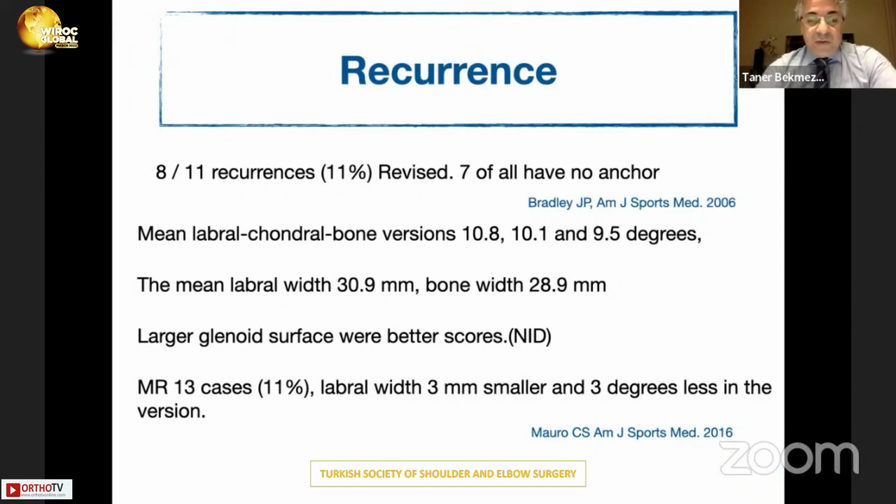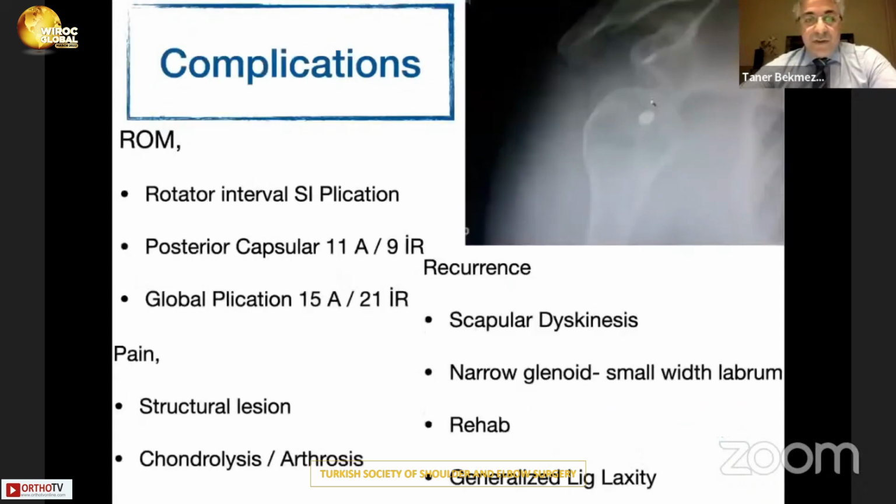It was observed that the functional scores of patients with a larger glenoid surface were better. Unfortunately, a relationship between glenoid version and the functional scores could not be revealed. In recurrence cases, they found the labral width was smaller than 3 millimeters and the version less than 3 degrees.